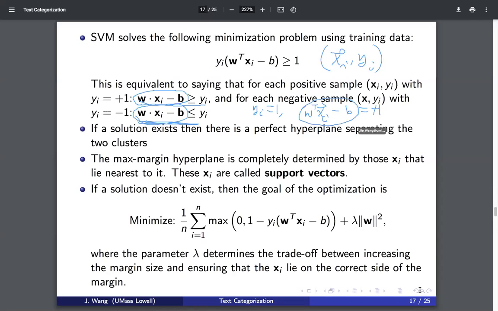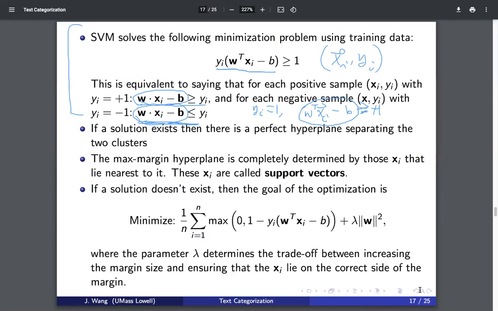Still, it's greater than or equal to 1, because you may not be so lucky to get everything to be 1. So you should allow some error, but I want to minimize that error. So you want to minimize this such that it's greater than or equal to 1. So that is one view of SVM.